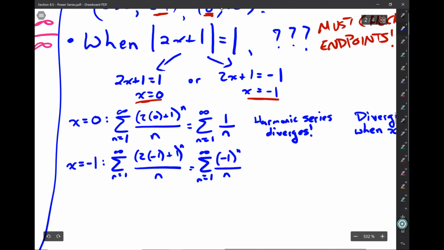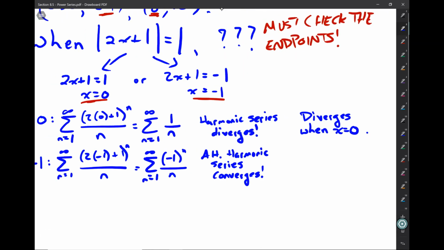This is the alternating harmonic series. And this series, unlike the harmonic series, actually converges. So there's a pretty good reason that we did all of that previous work in all those other videos, because now we're able to conclude that our power series converges when x equals negative 1.